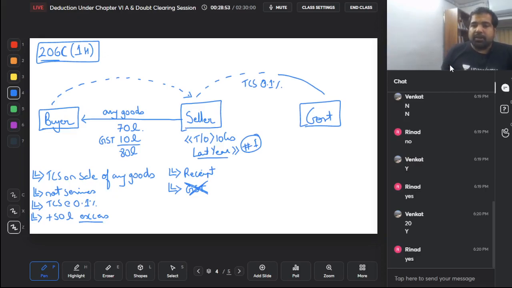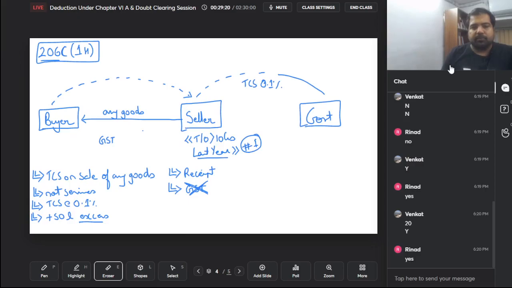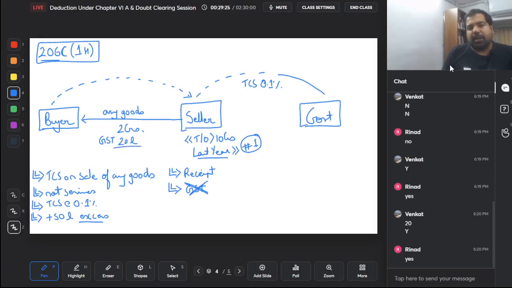Now guys, first you tell him, before I start the work, I want an advance. Let's make the amount slightly bigger here. Let's say this is 2 crores, this is 20 lakhs, and this is 2.2 crores total amount.